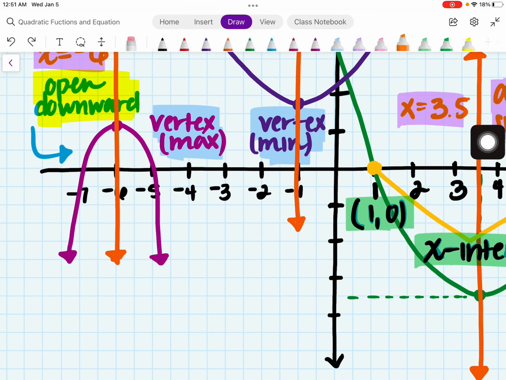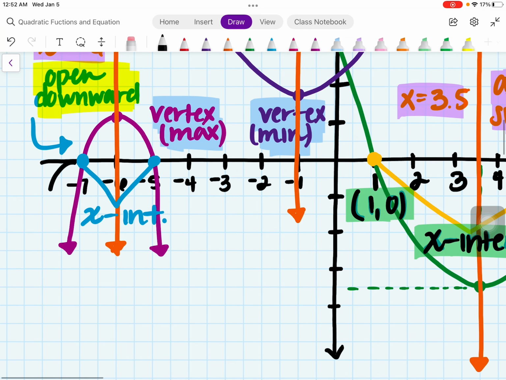If I take a look at this one here, on the other hand, I do have two x-intercepts. The parabola crosses the x-axis twice, at a point here and there. So these two represent our x-intercepts, and I'm going to abbreviate and write INT.